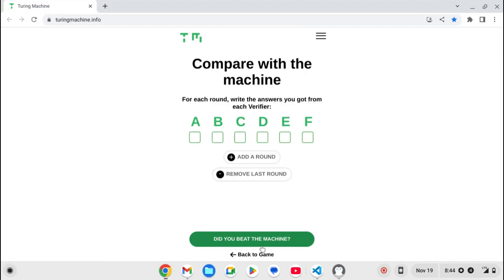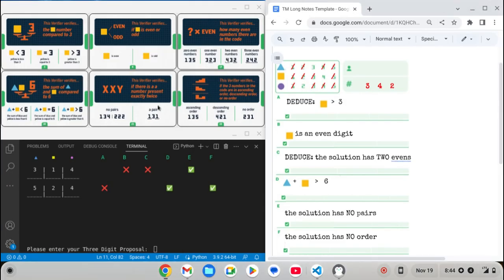Fantastic. Well, how did we do versus a Turing machine? So I believe it was, or it is, a 6 criteria card puzzle, and we did exactly 6 tests. BCE in the first round and the remaining 3 in the second, so we didn't have to duplicate any criteria card.